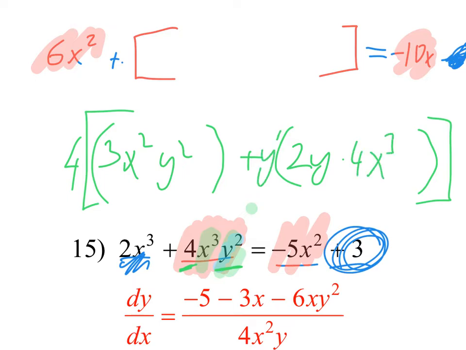Now I'm going to double check whether I did it correctly, and double check with me. So the derivative of this one is 3x squared multiplied by the second, y squared. And then the second part, the derivative of y squared will be 2y times the first, 4x cubed. Alrighty. And because I did the derivative of y, I have to make sure to add the y prime. Okay, I did it correctly.